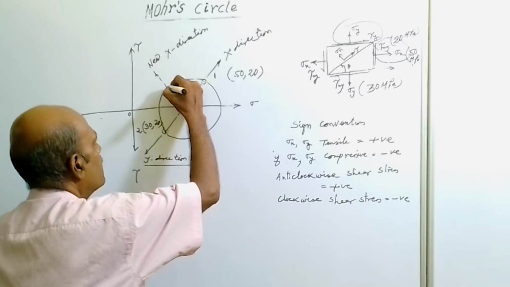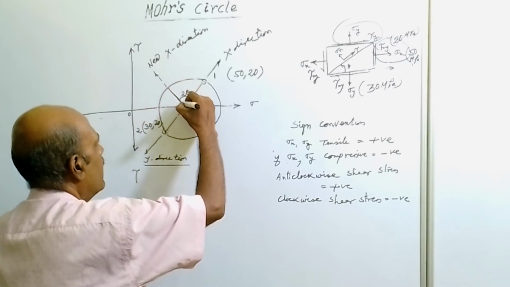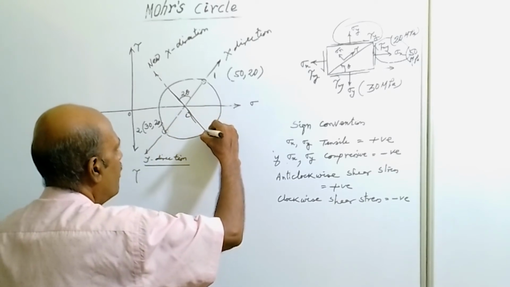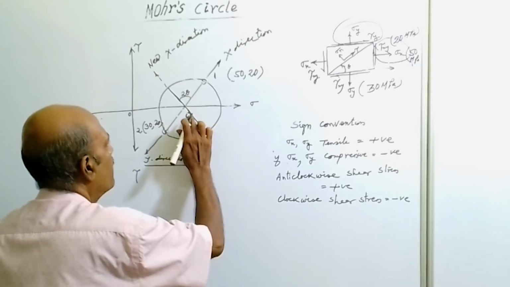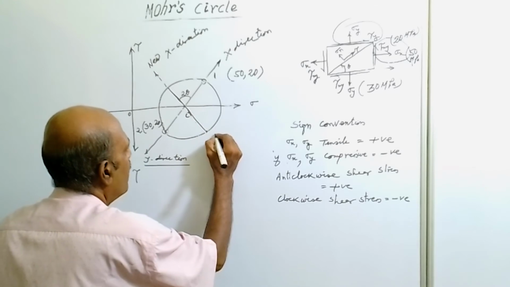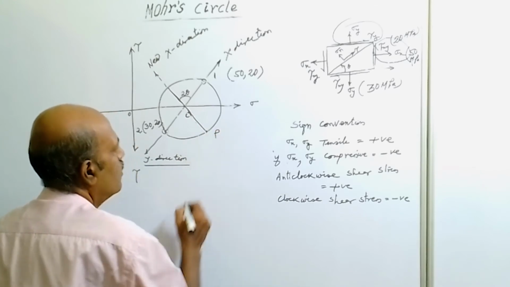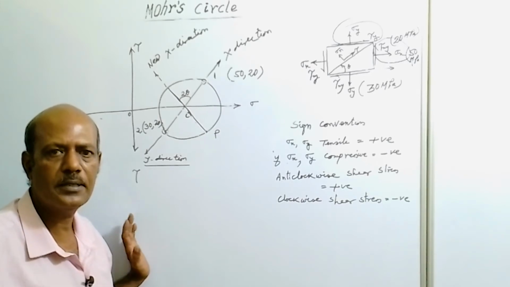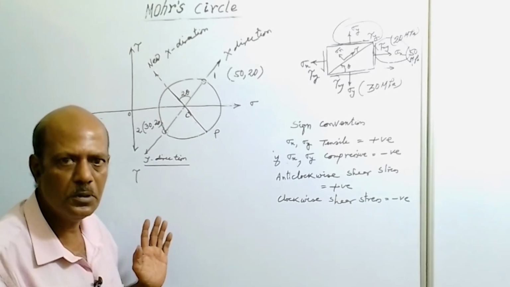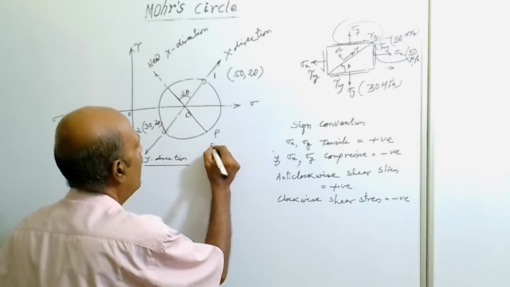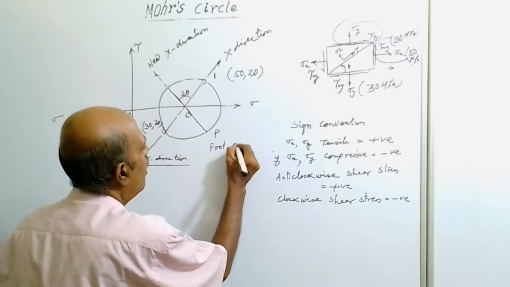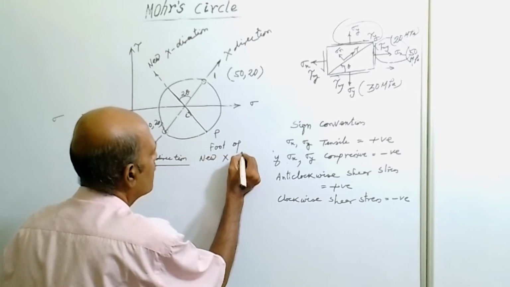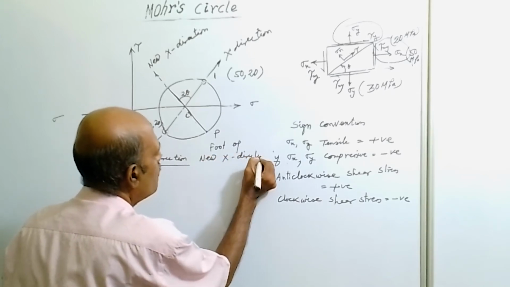Now extend this new x direction so that it intersects the opposite side of the circle at some point, and this point is called the foot of the new x direction.